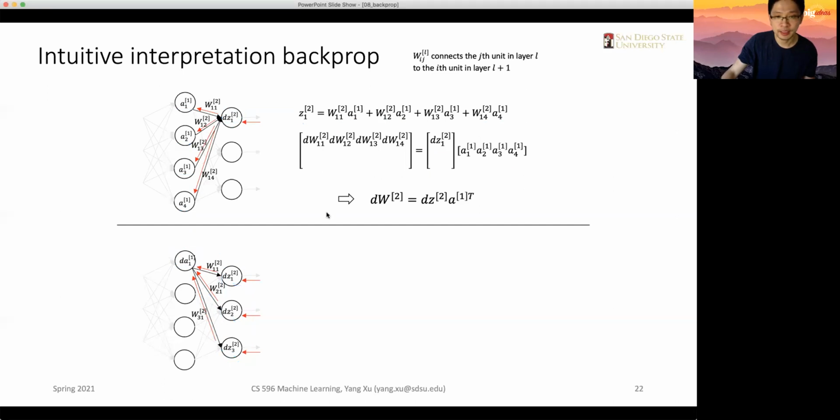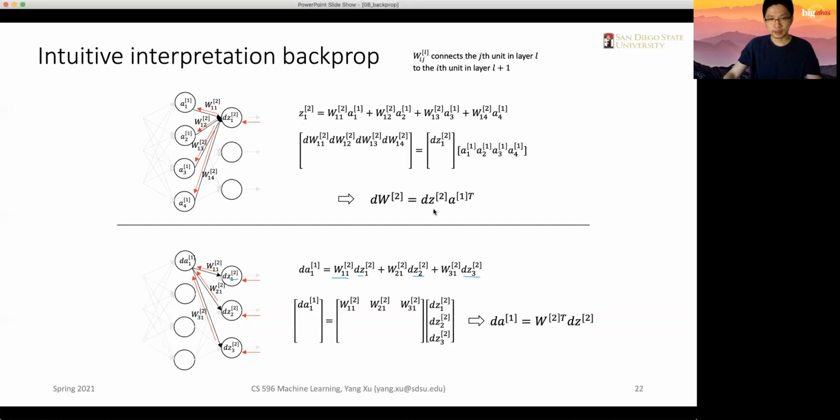So if we write down the formula here, dA1 needs to use the weight W11 times dZ1, then the second unit, dZ2, and dZ3.